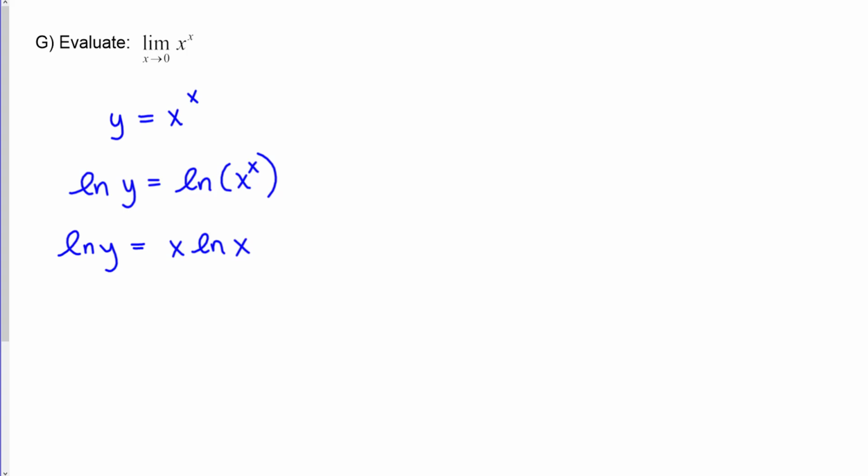In fact, from an earlier example, I did see the limit as x goes to 0 of x times the natural log of x. I'm not going to work through the details here because we did it just a few examples ago. We saw that that limit resulted in 0. So what that means now is the natural log of y is equal to 0.